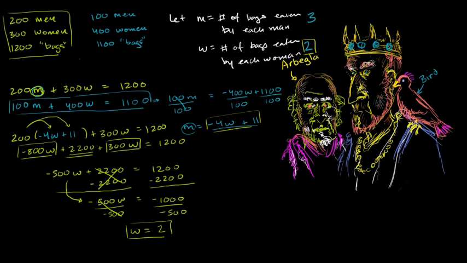And if now you actually wanted to figure out how many chips the men would eat, well, you could do exactly the same thing you did last time. You know one of the variables, you can substitute it back into one of the equations and then solve for m. And you can try that yourself to verify that you actually will get the same value for m as well. And in fact, this would probably be the easiest equation to substitute into because it explicitly solves for m already.